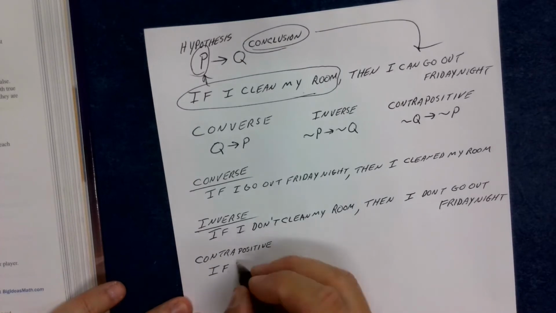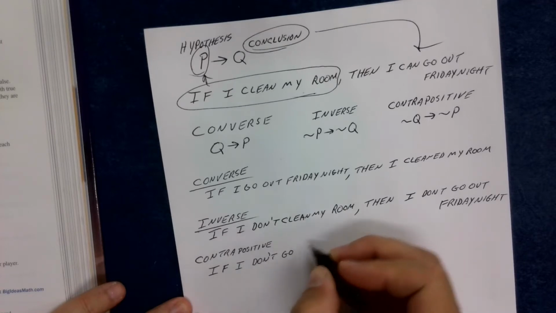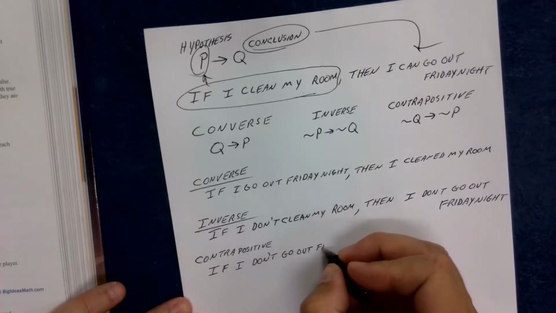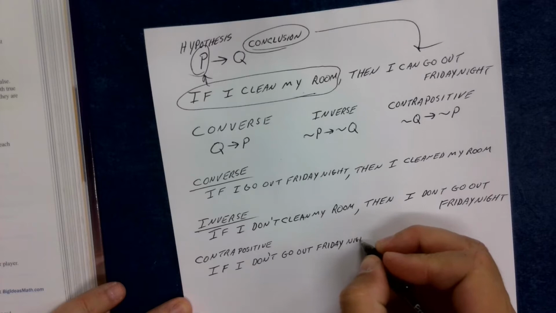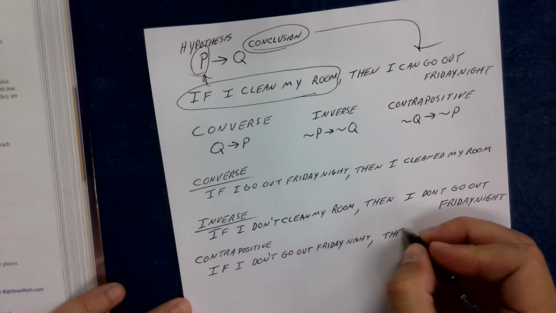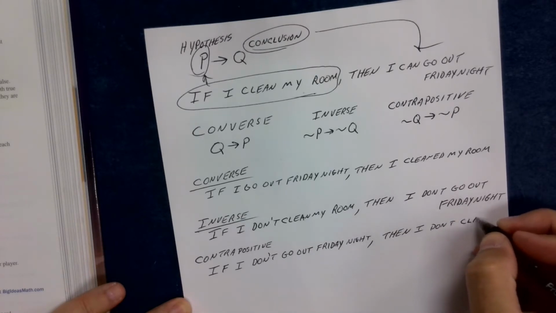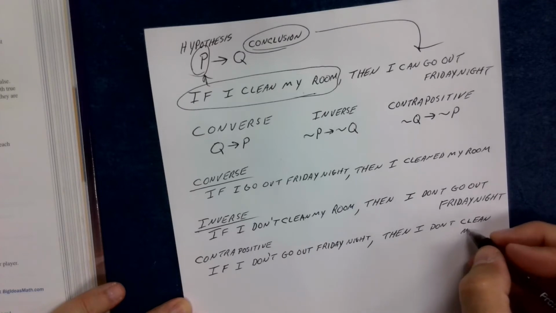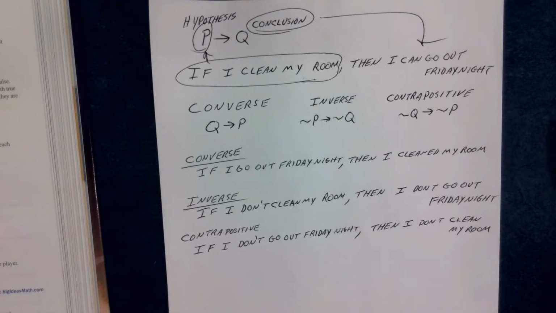You've heard me say it: if I don't go out Friday night, then I don't clean my room, or didn't clean my room, whichever way you want to put it. On each one of those statements, you can see that they're similar. We've got room in it, and we've got Friday night in it.